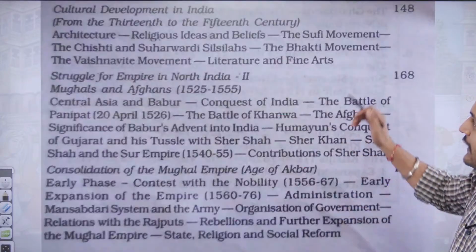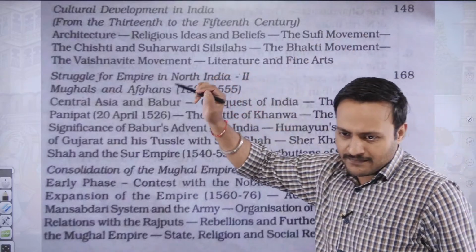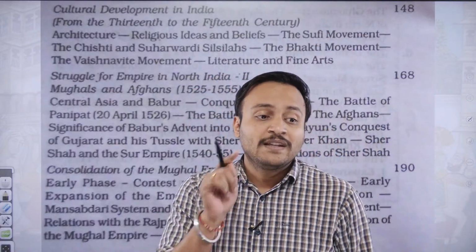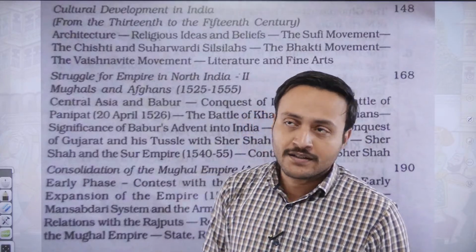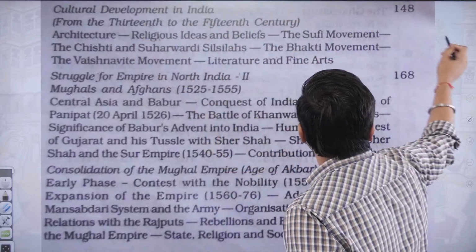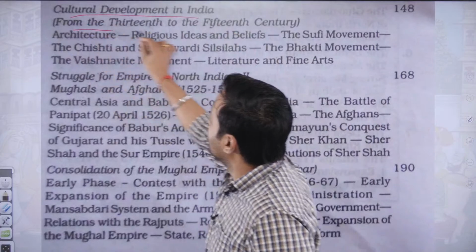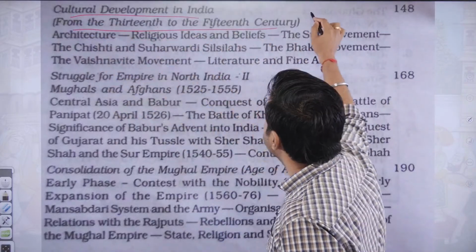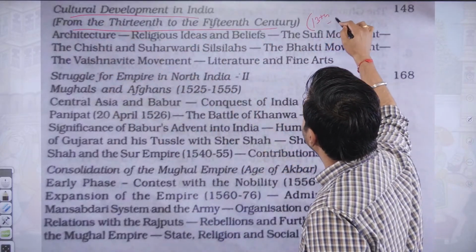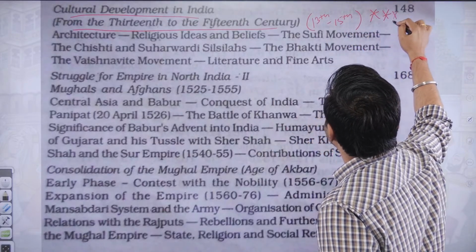Now, before the arrival of the Mughals, what was going on in our society? That is a very crucial part. Look at this name: cultural development in India, from the 13th to 15th century. This chapter is very, very important.